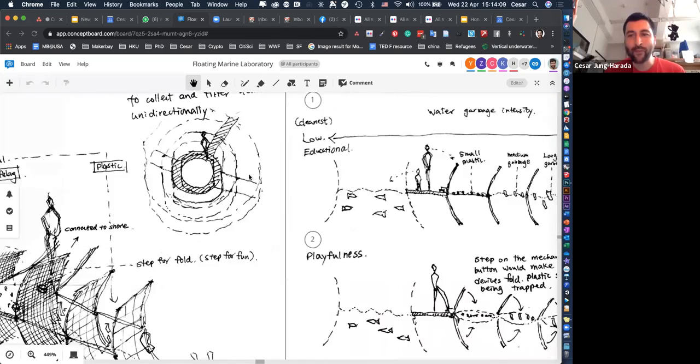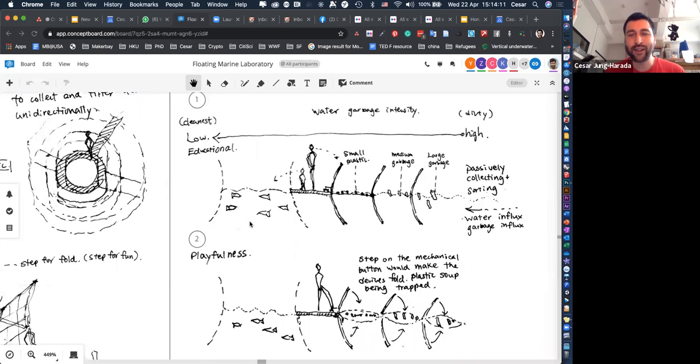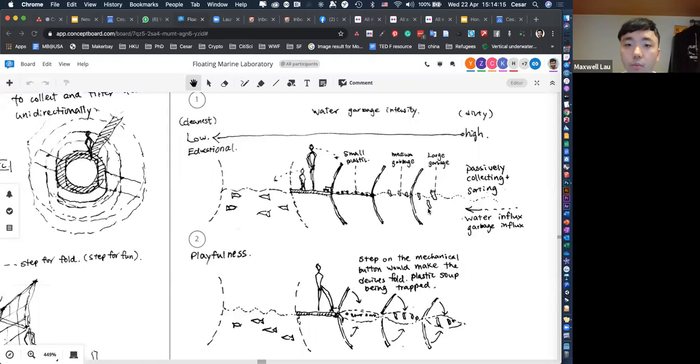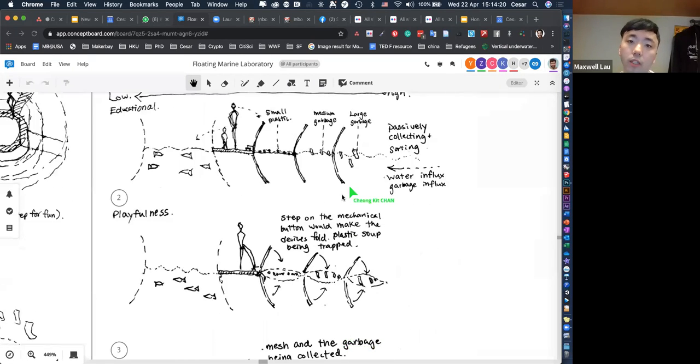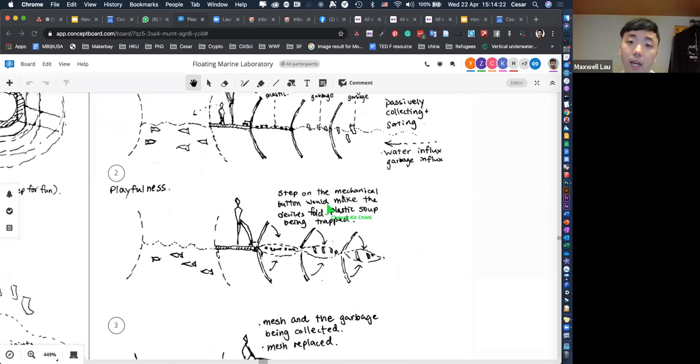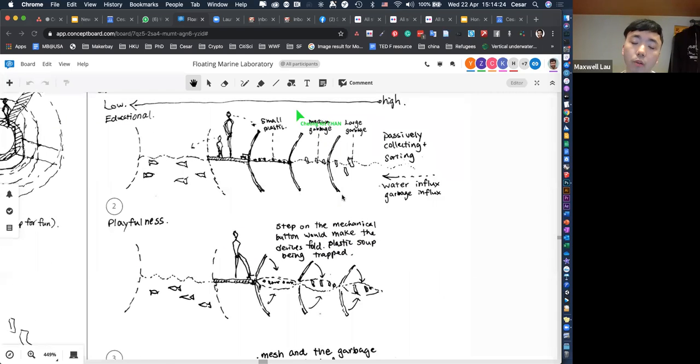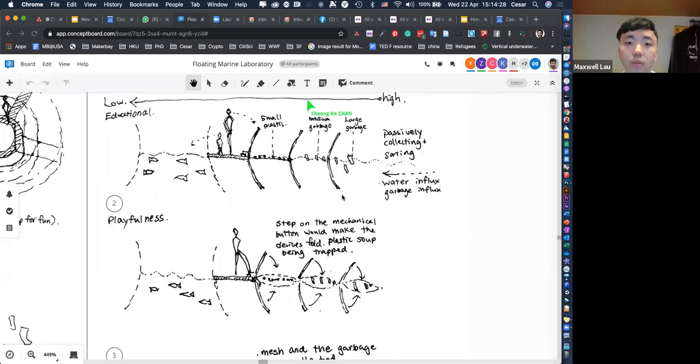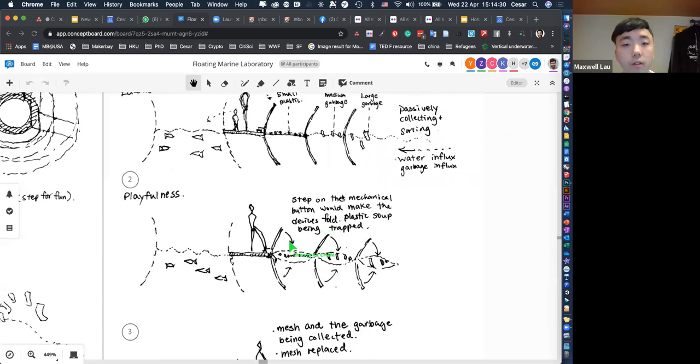So the circle is here. The fish are inside, protected from the pollution. And the debris can be easily removed because it is trapped by the mesh, and can be removed with the mesh, like a plastic soup on the water.